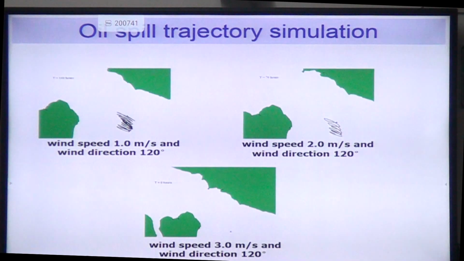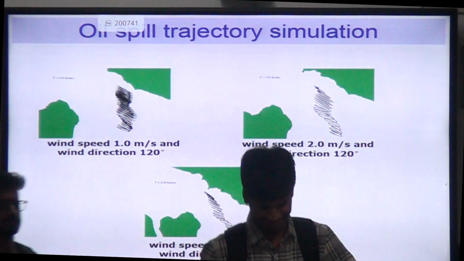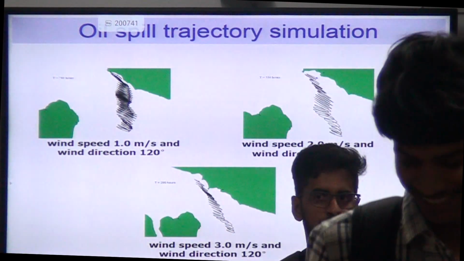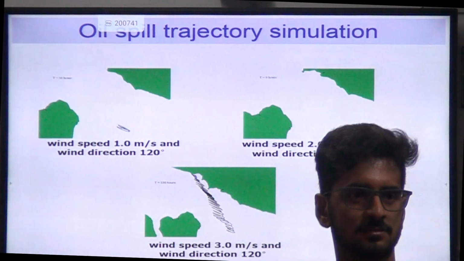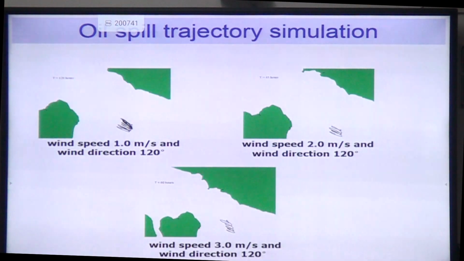Assuming the wind direction is not changing, staying constant, and the wind speed is changing, 1 meter per second or 2 meters per second or 3 meters per second, you can see the location where it is going to hit the shore will be different. That is the sea dynamic condition, right?